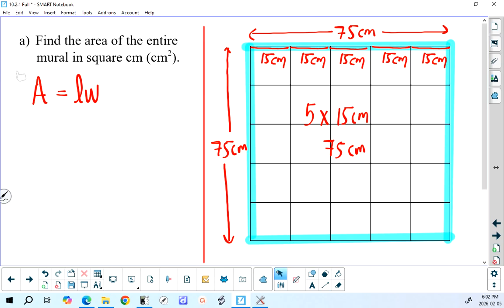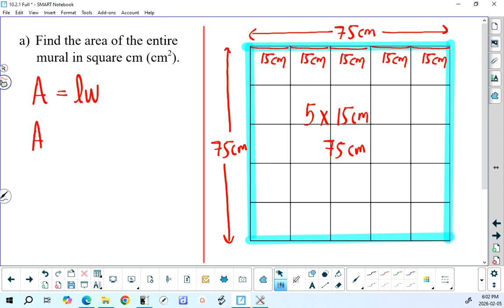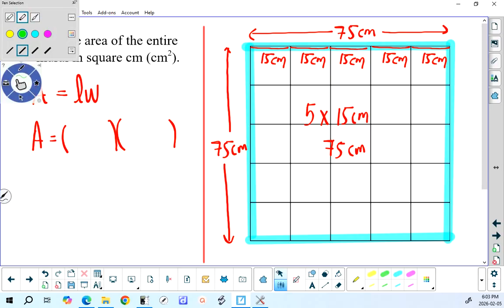Let me explain. I mean, it might not need an explanation, but the reason why we're using centimeters here is because we are asked to find the area in square centimeters.